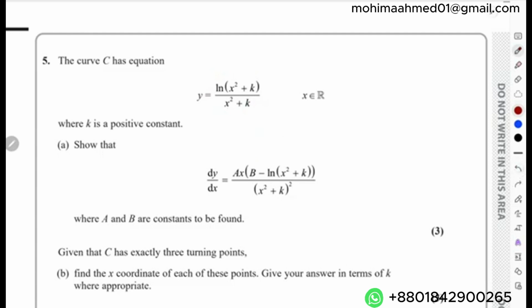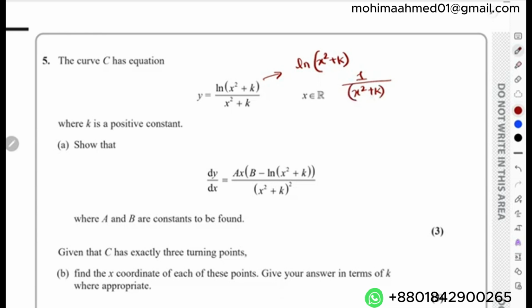Okay. So before we differentiate, we can clearly understand this will be a quotient rule differentiation, right? And the differentiation for u will be a bit different from the other cases, because we have ln of x squared plus k. So if you differentiate it, it becomes 1 over x squared plus k.